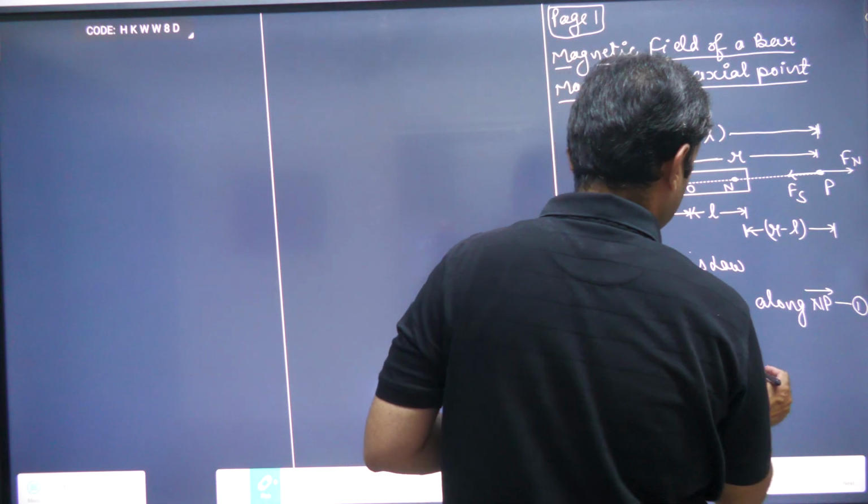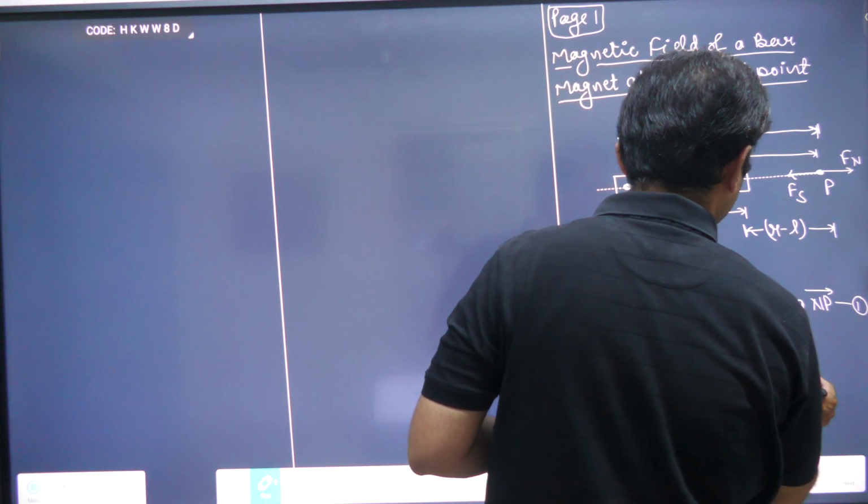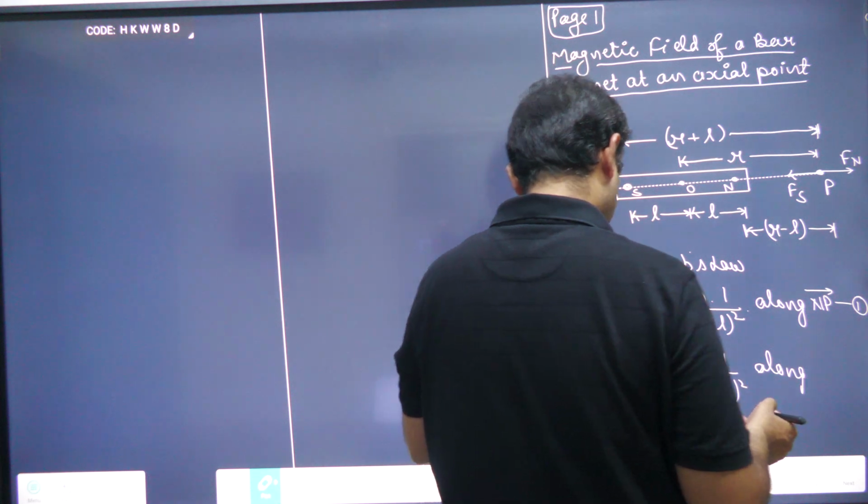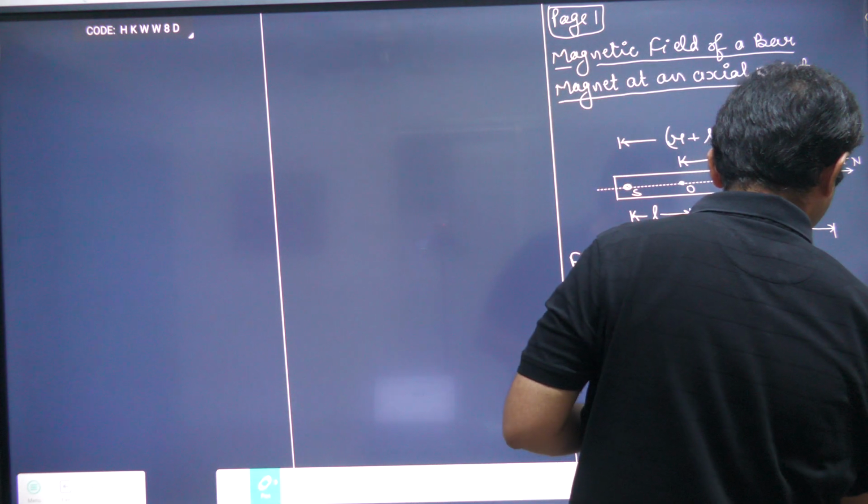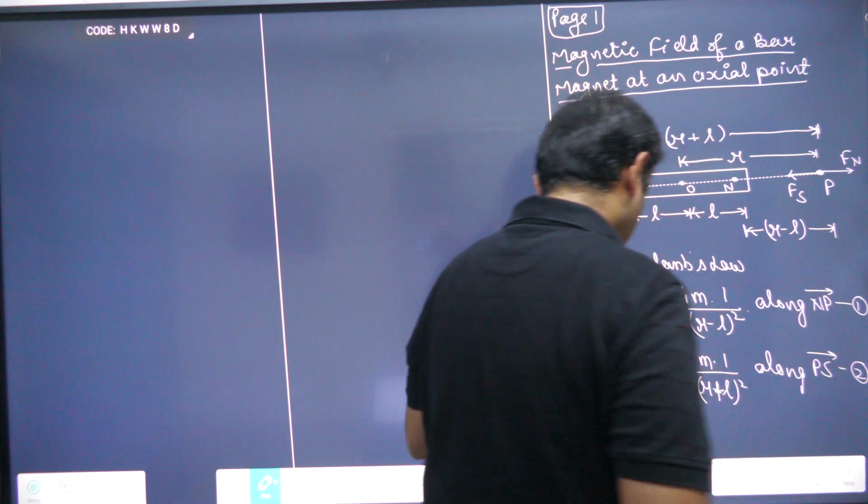The south pole is going to attract it, so the direction is along the PS vector. This is equation number 2.